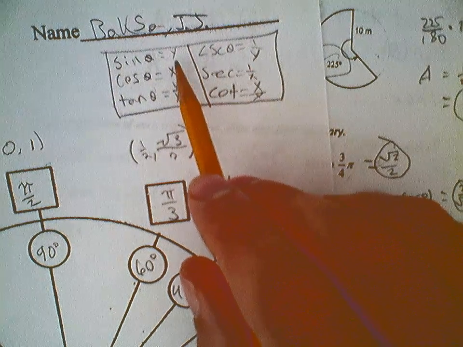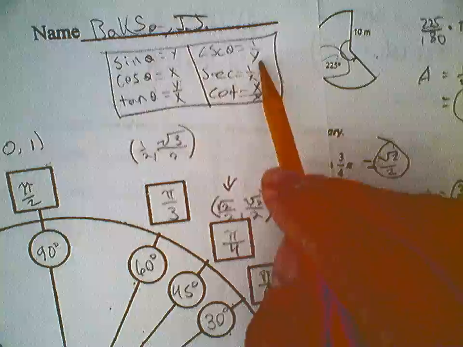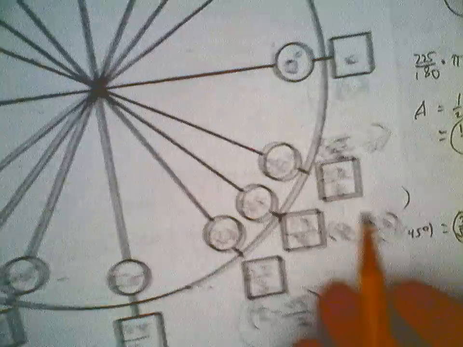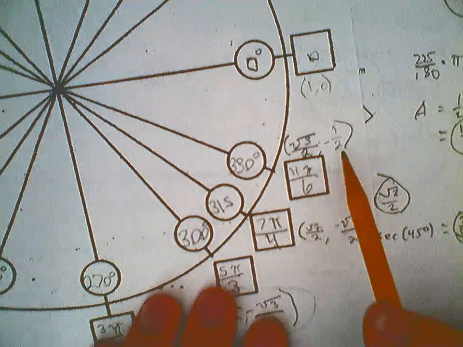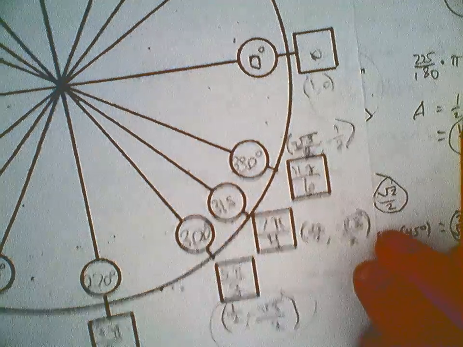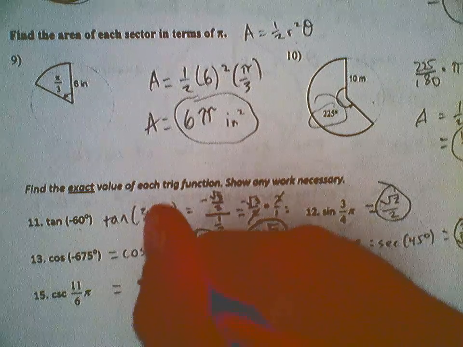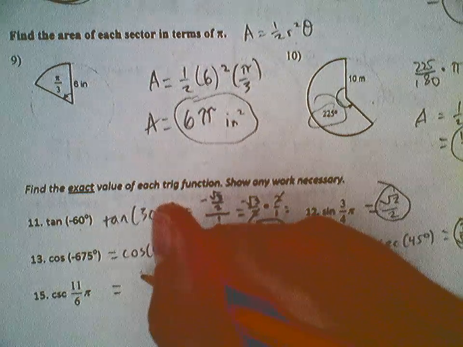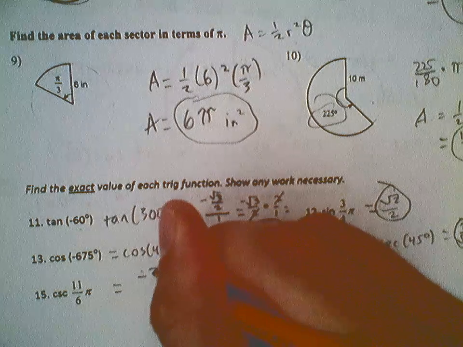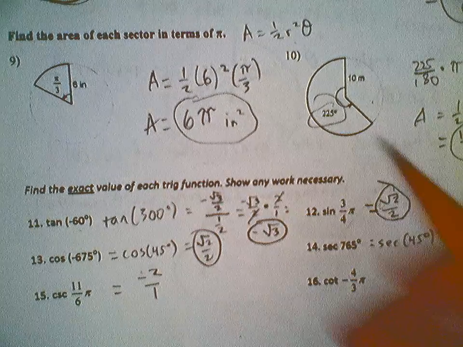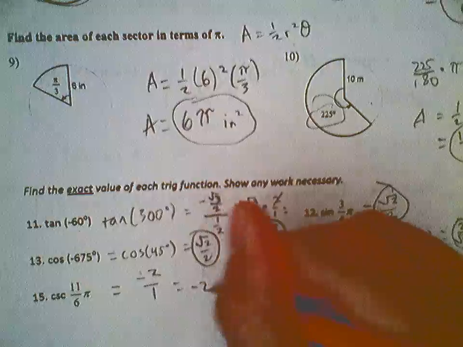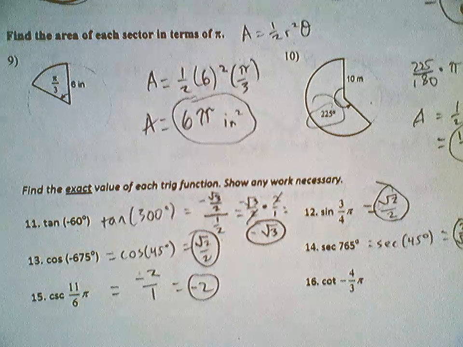So we're going to be flipping the y coordinate this time. So my y coordinate is negative 1/2. So to flip that, that'd be negative 2 over 1, which is just negative 2.